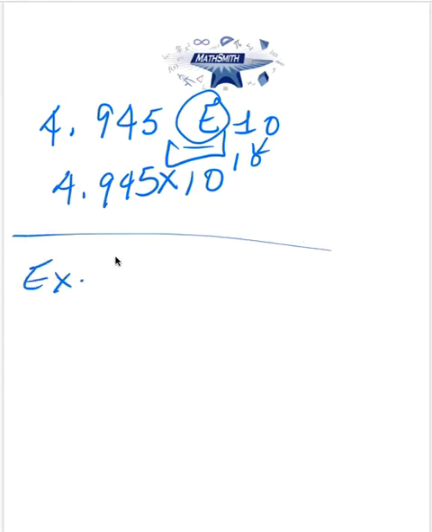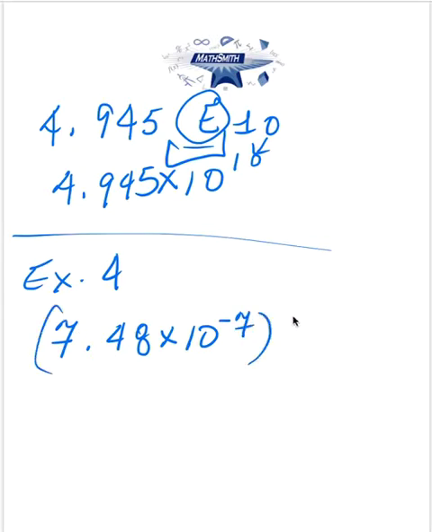They're saying use your calculator to put this in: 7.48 times 10, but you're going to be hitting that little EE key, to the 7th power, and you're going to multiply that times, or you could even use the little X for times, 2.4 times 10 to the 9th.